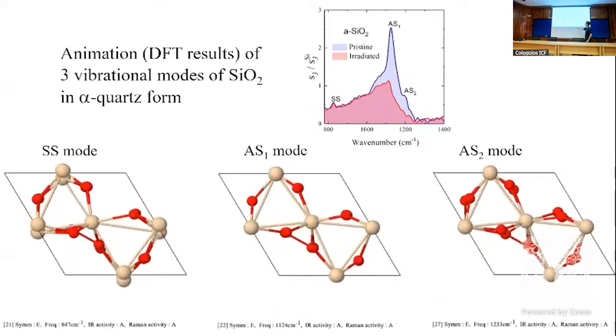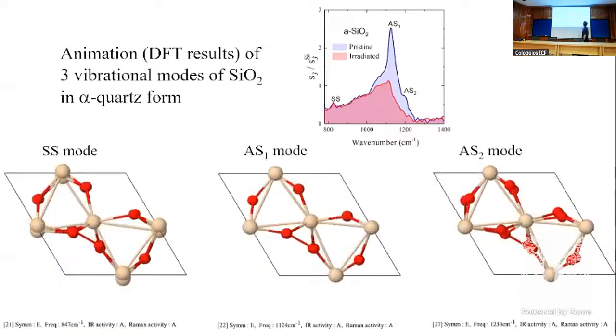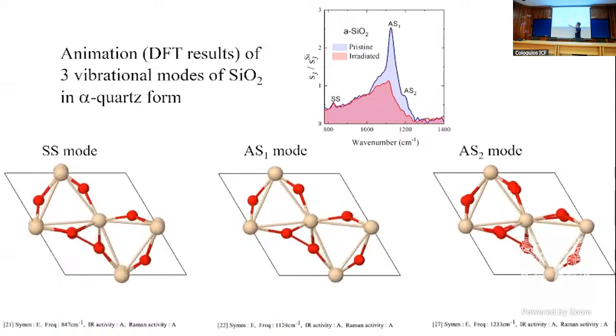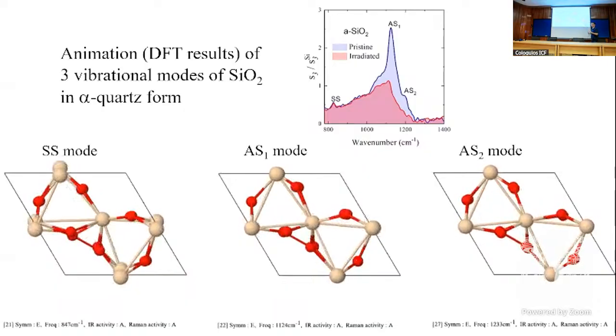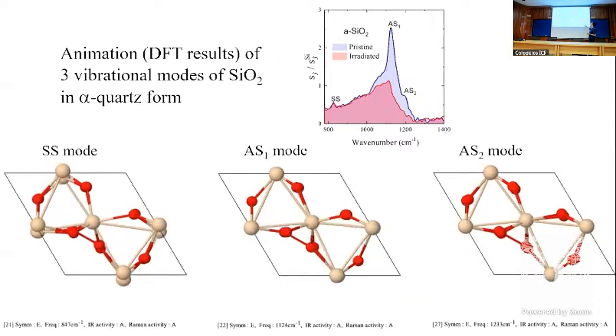And these vibrations have characteristic frequencies: this one is here, this one is here, and this one is here. This is a symmetric stretching mode, and these are anti-symmetric. So if there are two here, why is one so large and the other one so small?